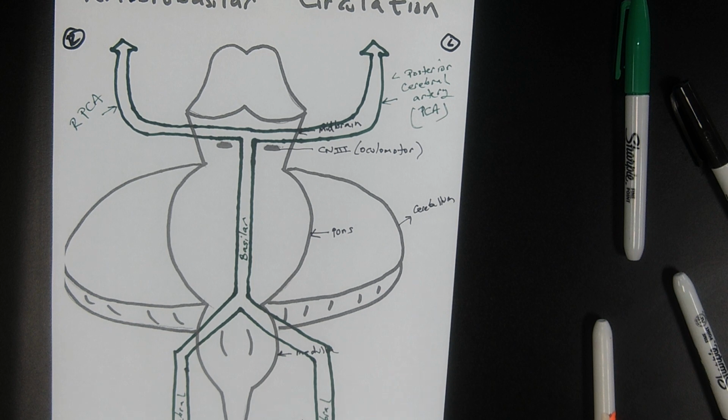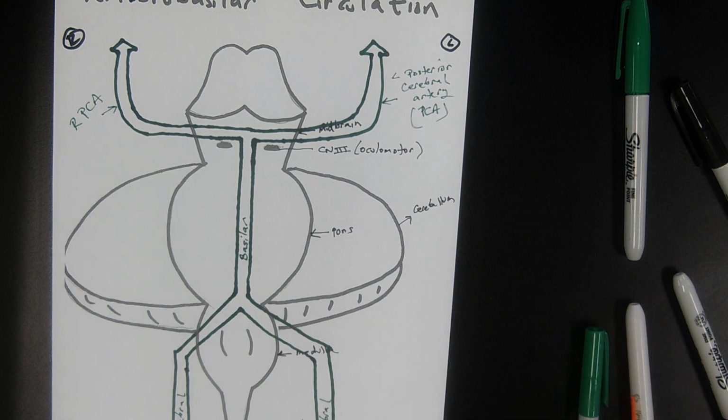So given that you learned a little bit about the occipital lobe before, if somebody had a problem with their PCA, what kind of symptoms do you think the patient might have? Yeah, vision changes, absolutely. It's that simple. So you know where the artery's going, you know what that lobe does, so you can put two and two together right away. Okay?